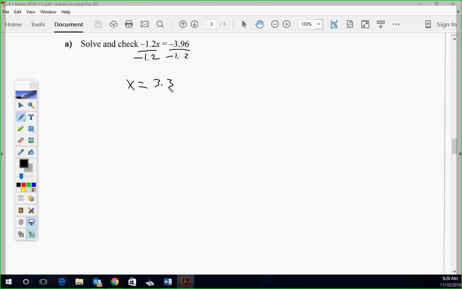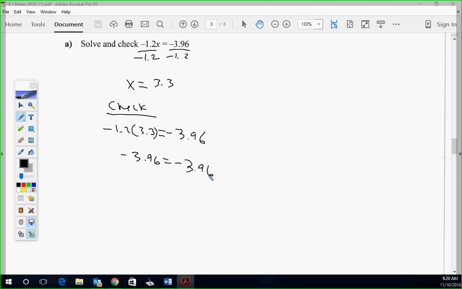To check it, negative 1.2 times 3.3. You do that calculation, and you'll get negative 3.96 equals negative 3.96.